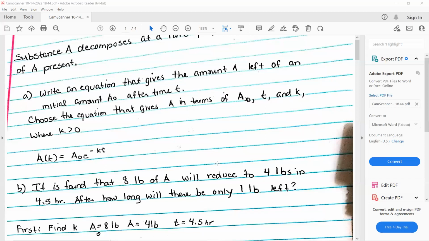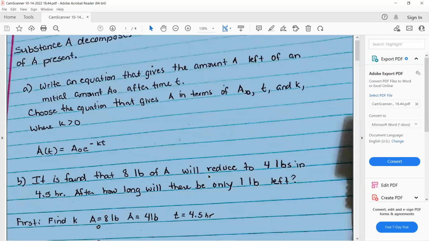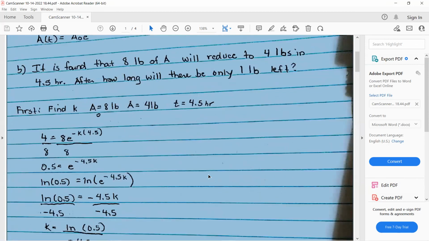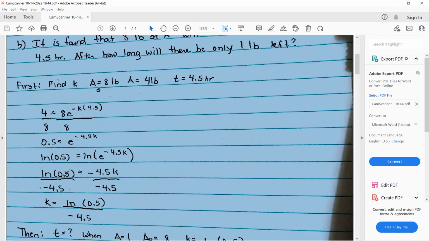Look here, let me share screen again. So I tried to set it up so that you would understand. The 4, which is the amount that's reduced, is my 8, and then I solve for K first.